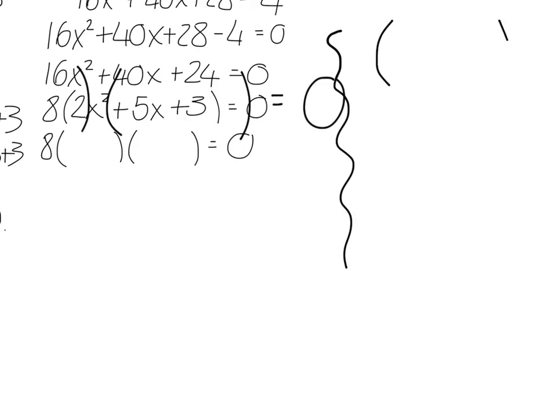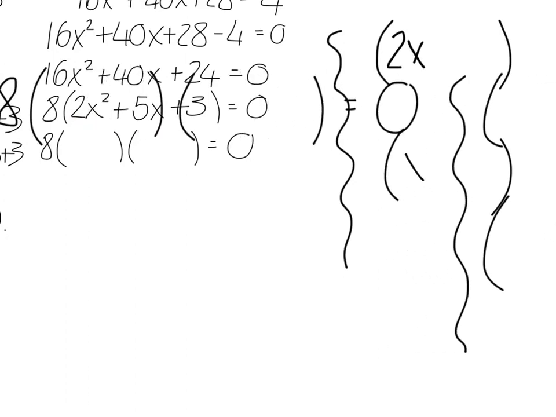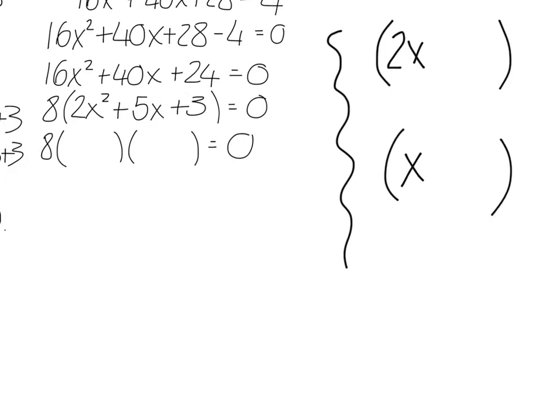We'll put down 2 brackets. What we're trying to do first of all is get 2x squared. So we do that by having 2x in one of the brackets and x in the other at the front. Then we move to the opposite end. We need 3 in here. So that means we need 2 numbers to multiply to give you 3. So the only options are 1 and 3.